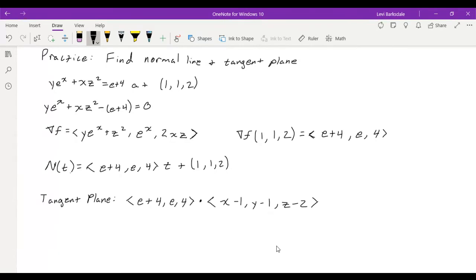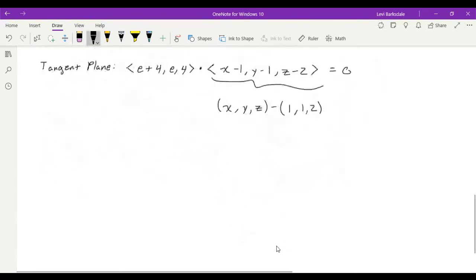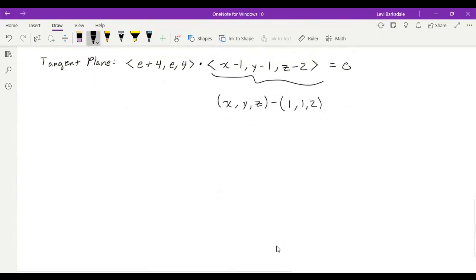Of course, this is basically just the vector (x, y, z) minus your initial point, and set that equal to 0. And what we get is that our equation of our tangent plane comes out to be (e + 4)x + ey + 4z = 2e + 12.